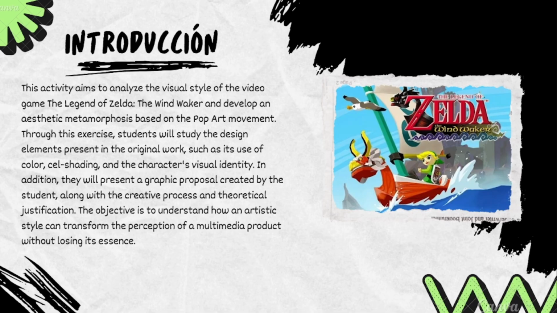In addition, I will present a personal graphic created by the student, along with the creative process and theoretical justification, to understand how an artistic style can transform the perception of a multimedia product without losing its essence.